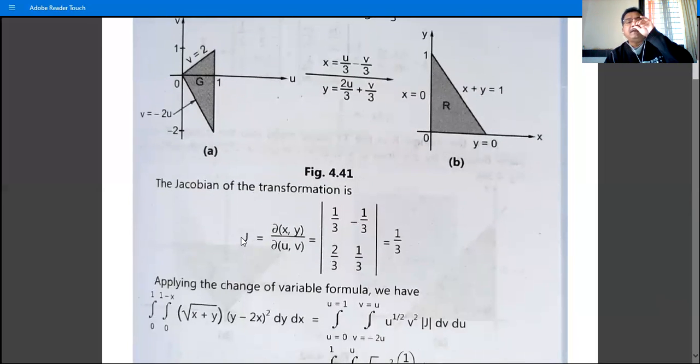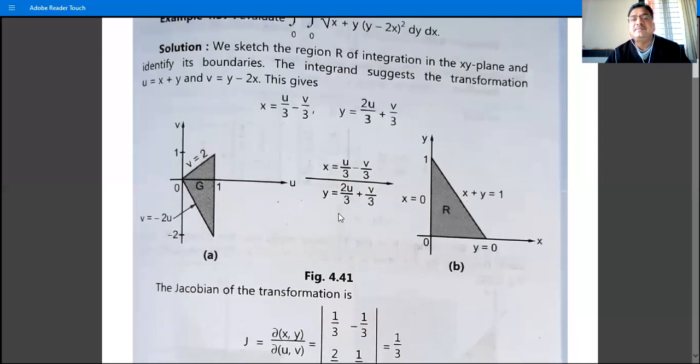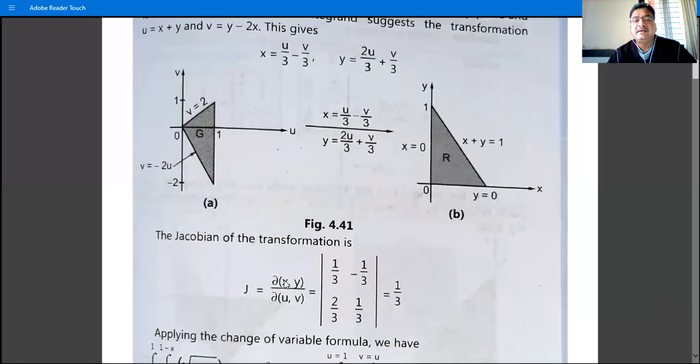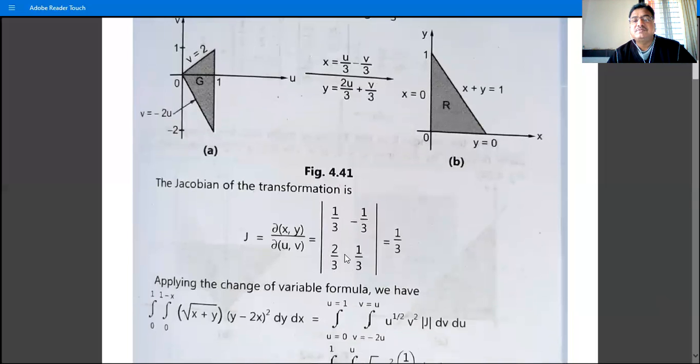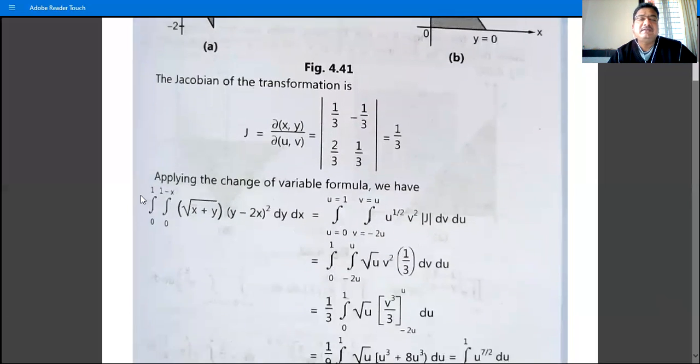Then we find the Jacobian, del(x,y) by del(u,v). Del x by del u is 1 by 3, del x by del v is minus 1 by 3, and in this way, del y by del u, del y by del v, and the answer is 1 by 3.